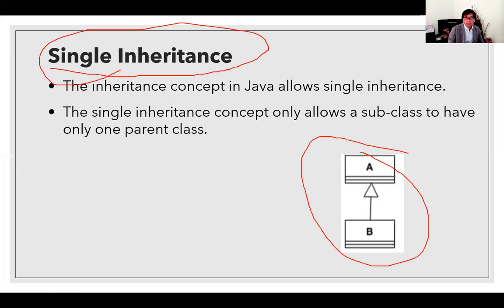In this concept, we cannot derive anything more from the class B. So the class B will always become a child of a class, and class A will always become a parent of a class.